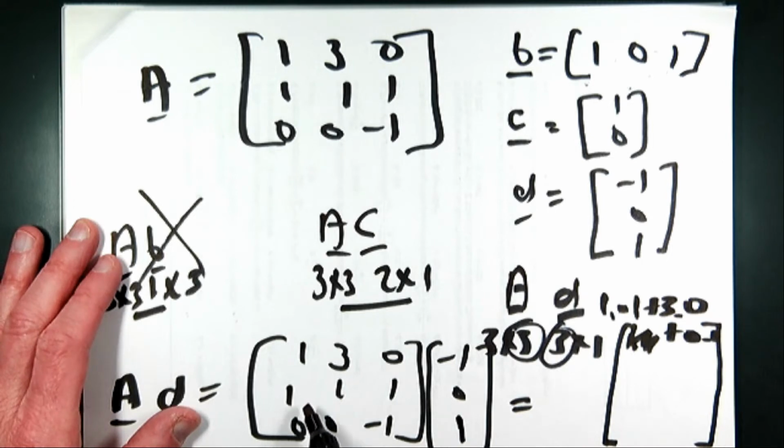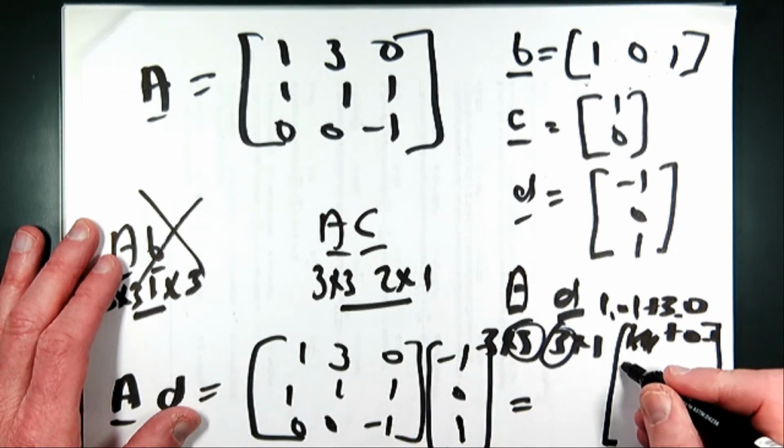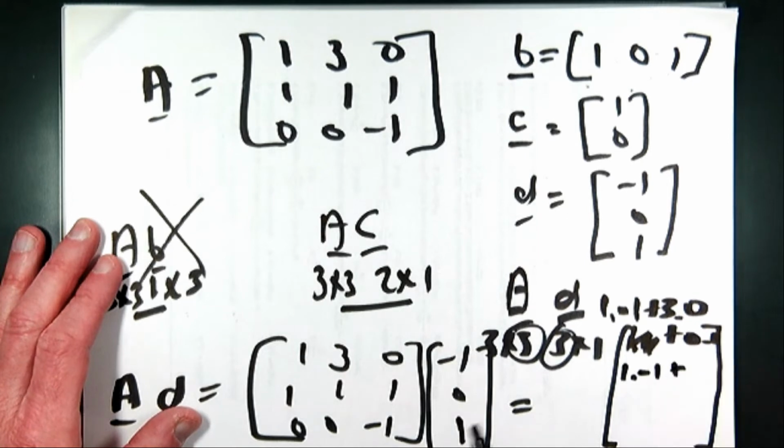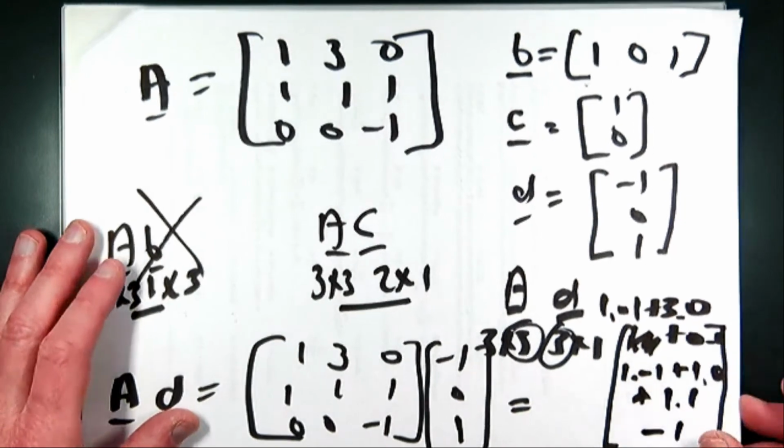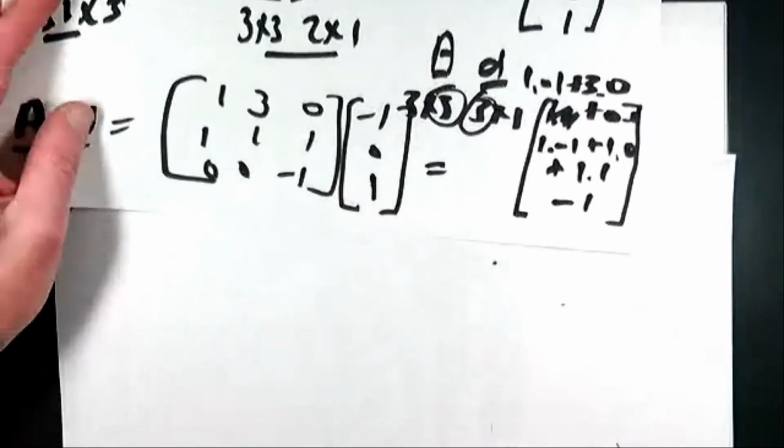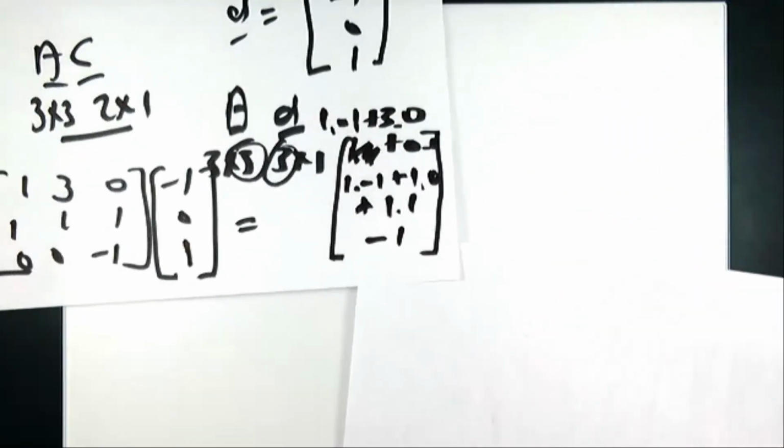And then the next one is 1 by minus 1 plus 1 by 0 plus 1 by 1. And the last one is 0 by minus 1, which is 0, 0 by 0 is 0, and you get minus 1 at the bottom. So finally, when you do all that calculation, you probably can't even see this because the marker is so bad.